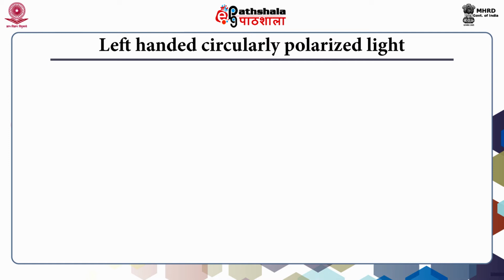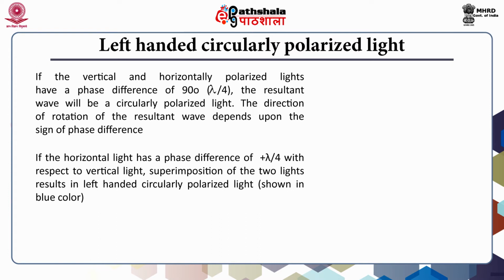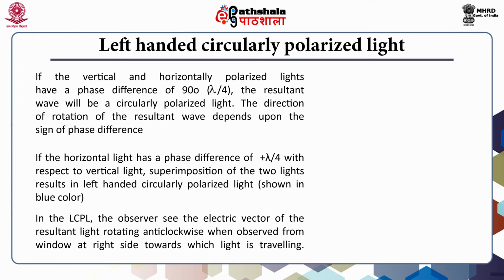In the previous case, we produced linearly polarized light by purifying it through slits or some other mechanism. One is oscillating in the horizontal plane and another is oscillating in the vertical plane. If you introduce a phase difference of 90 degrees, or say pi by 2, then what will happen?